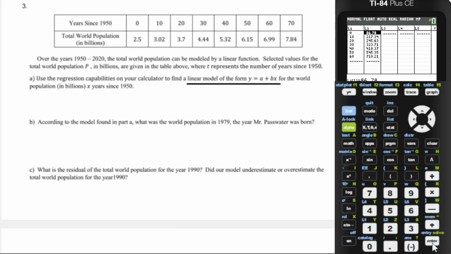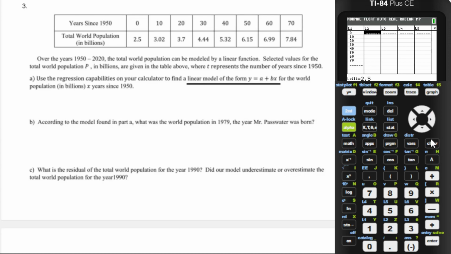I'm going to edit my lists. I'm going to clear them out and type in my data. Oh, if I'd only noticed the same x values.